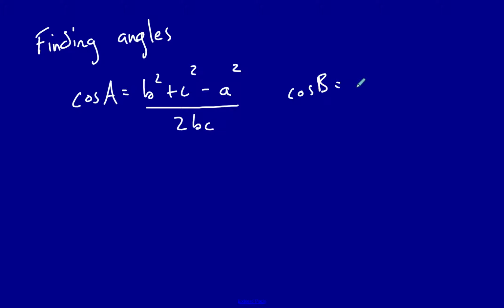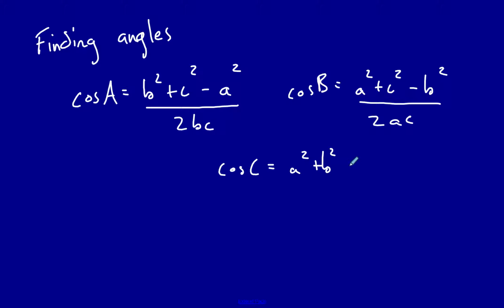We say cos of B is equal to A squared plus C squared minus B squared all over 2AC. Or finally, if we have cos of C is equal to A squared plus B squared minus C squared all over 2AB.